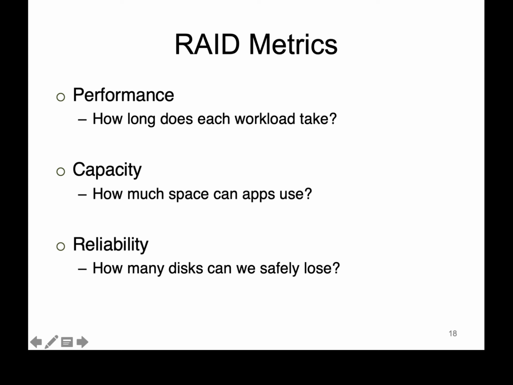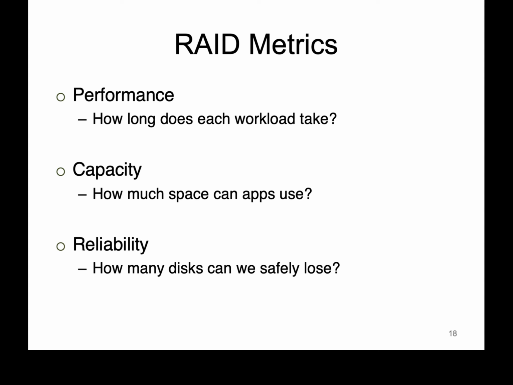Whenever we're talking about new technology, one of the most important considerations is the metrics that are touched by this new technology. And the same goes for RAID. In the context of RAID, we're looking at three basic metrics. The first one is performance, like the sequential bandwidth, especially for large sequential I/O, and the random latencies for the random I/Os.